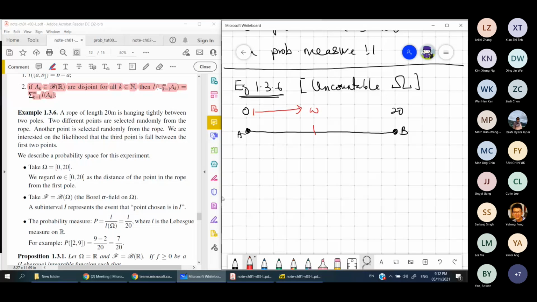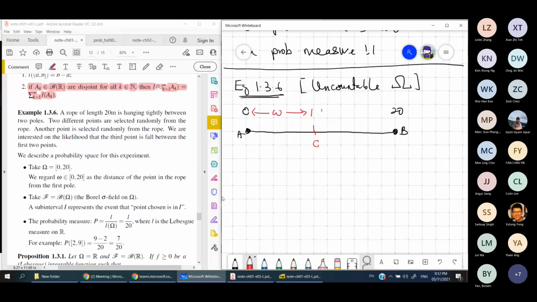So we take the outcome to be the distance from this point C to A. From this setting, point C must be a point between A and B, and omega is the distance. I think I shouldn't put it this way. Maybe I should put this as a. We do the setting.